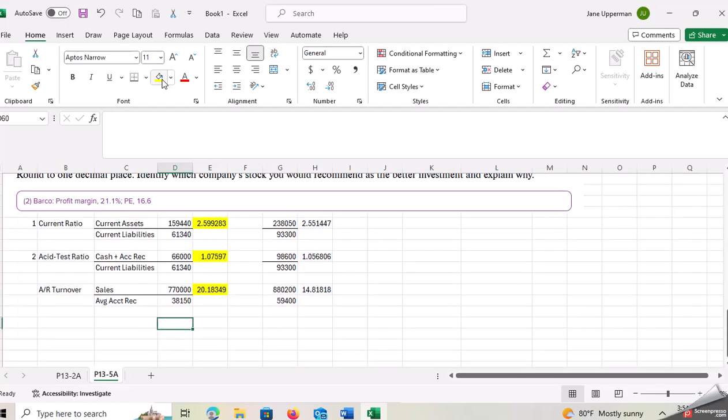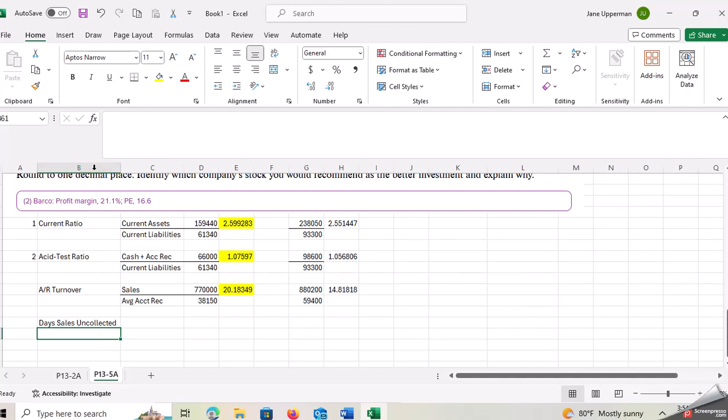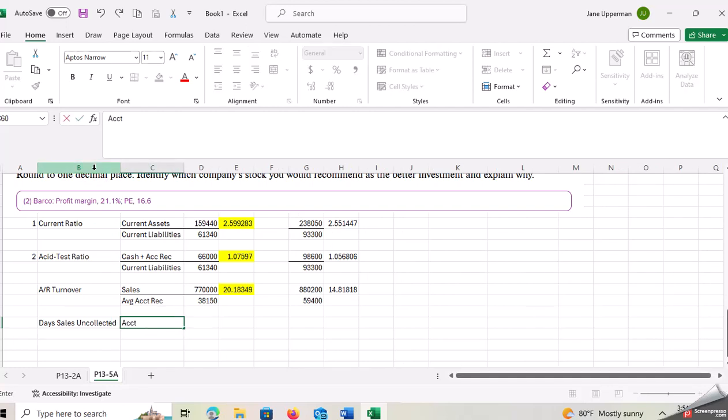This one is measuring how often I'm turning over my accounts receivable, or how long it takes my customers to pay. So that ties into days sales uncollected, which is our ending accounts receivable balance divided by the sales, and then the whole thing times 365.